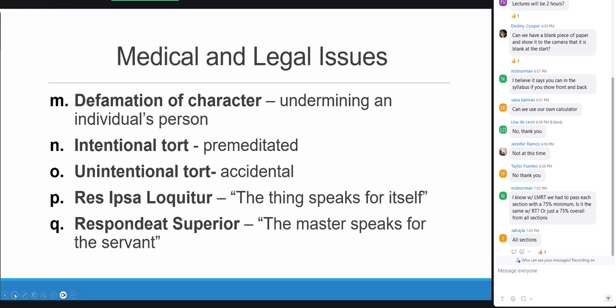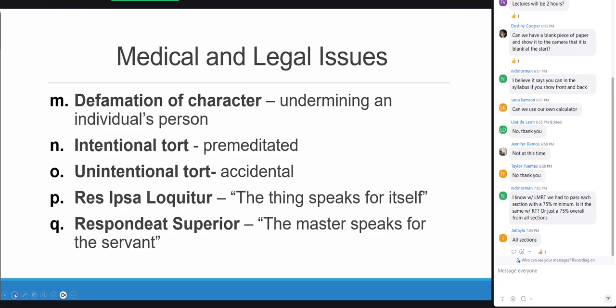This basically holds that an individual or a patient was harmed while in complete control of another individual or healthcare worker. This is something that comes into play quite frequently for negligence cases.